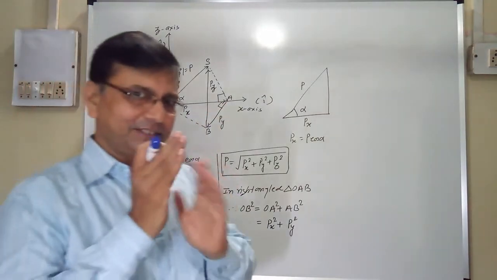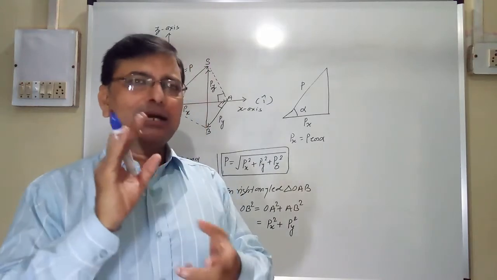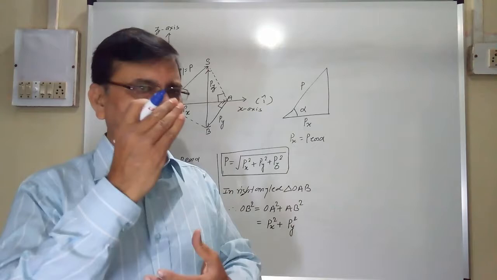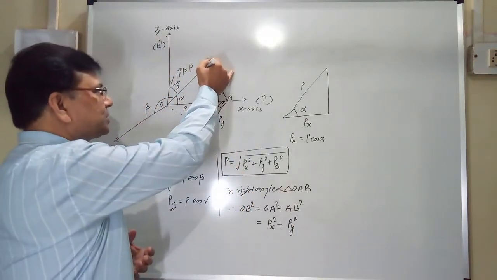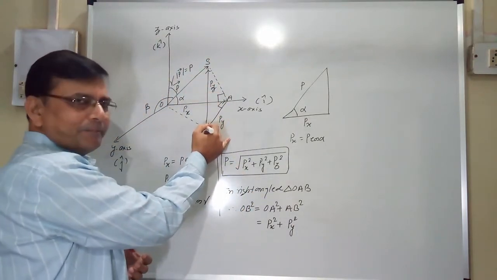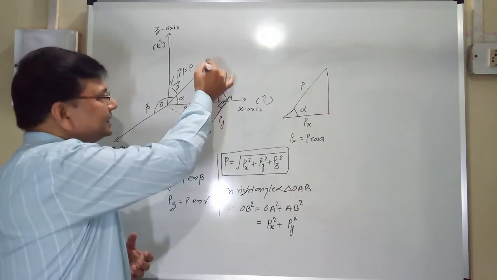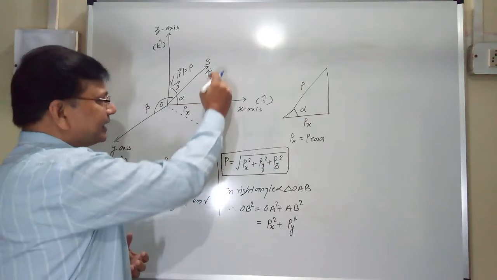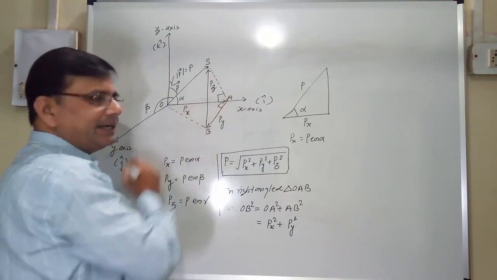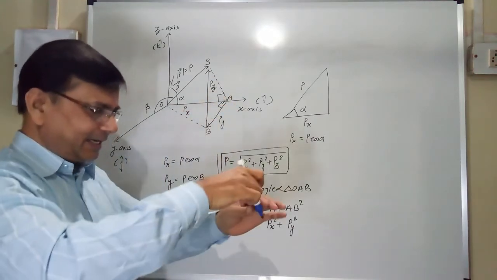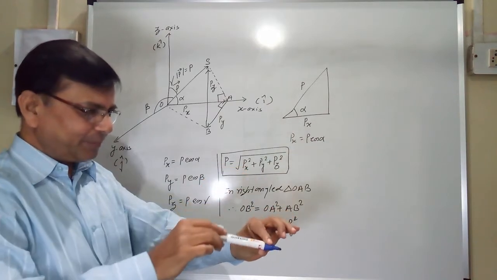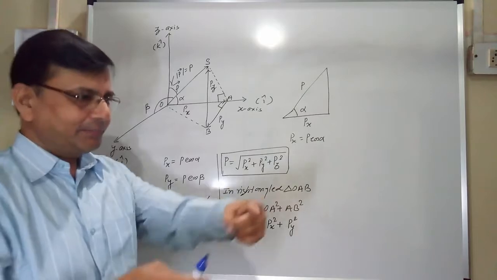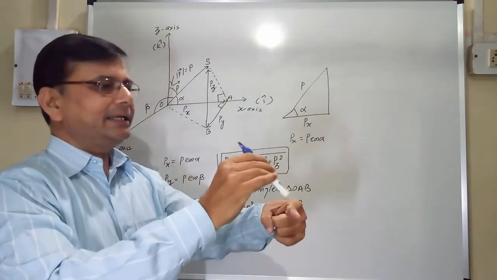It is three-dimensional, so somewhat understanding is needed. You will have to imagine how the things are. I have drawn the projection of this on this plane, right? This is 90 degrees on this. So if you project it on the ground, this will also be 90 degrees. Just see, it is 90 degrees. If you project, you make it horizontal, so this 90 degrees will not change. Suppose this is the axis, this is 90 degrees.